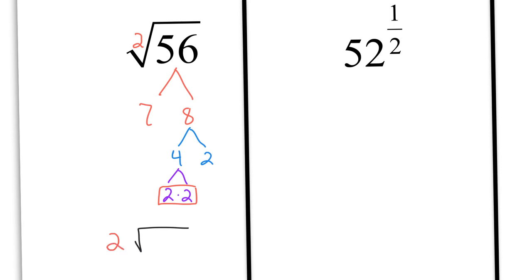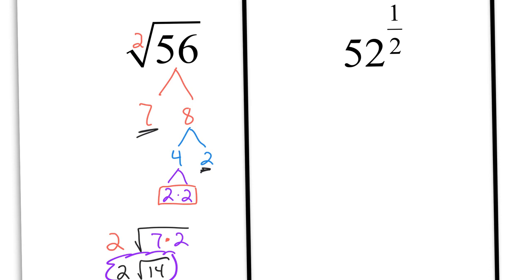The numbers with no pairs will go inside. So this 7 goes inside right here, and this 2 goes inside of the radical, and you are going to multiply those 2 numbers inside of the radical. So we have 2 square root of 14, and that's my answer. My exact answer of square root of 56 is 2 square root of 14.